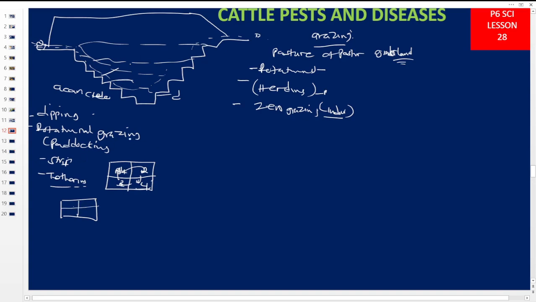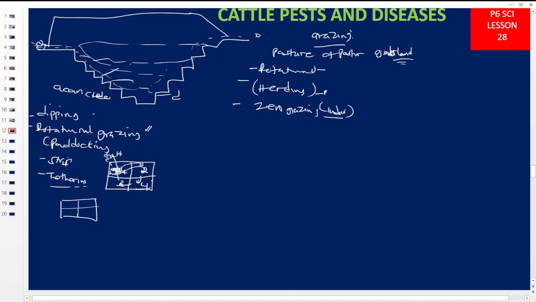Now, how does this rotational grazing control external parasites? If these animals keep on moving like this, by the time the animal comes back, maybe when the animal is grazing within here, the parasites are at the egg stage. Then the animal leaves and enters paddock 2. Then these eggs are going to hatch, but remember they have to depend on the cattle.